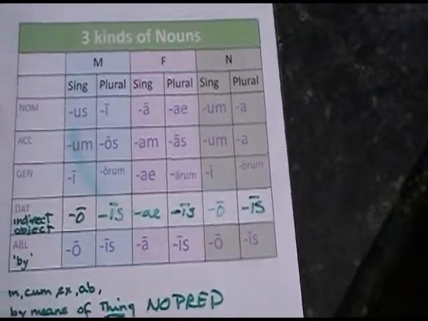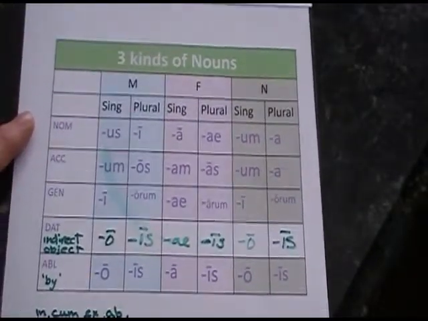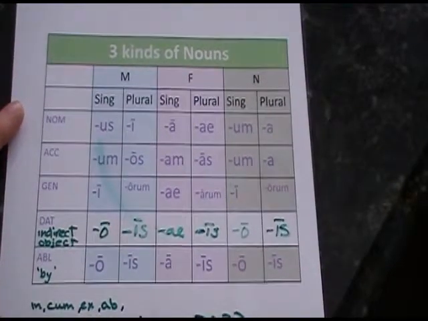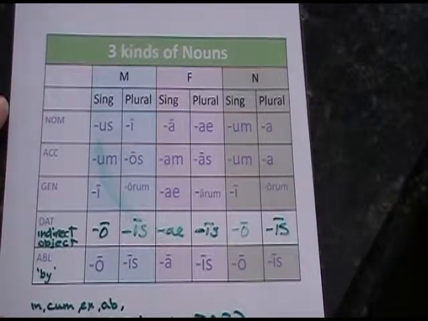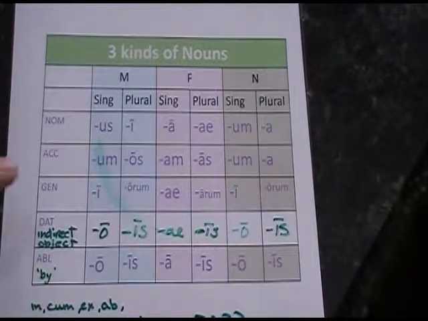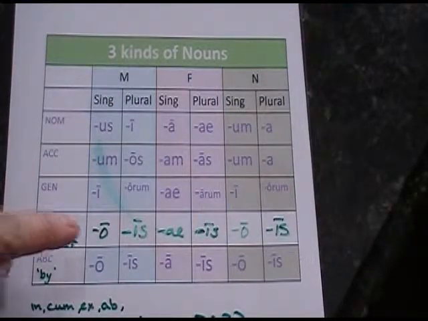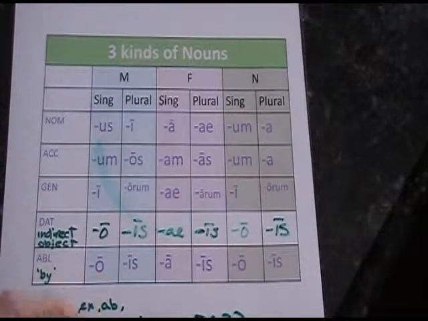So now we're going to take a minute and just go through these and chant the endings. It goes us, I, um, i, os, orum, is, is. That's for masculine.